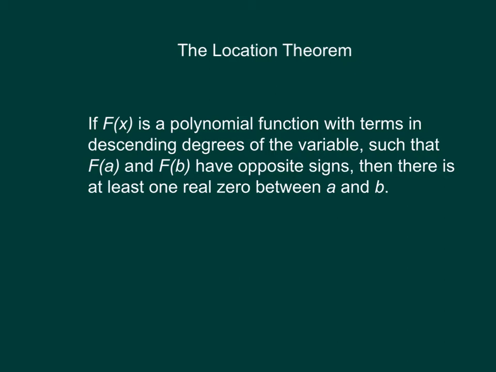So some things that you got to remember here is f of x or f of a or f of b are referring to the y value when you plug in an x. So a and b are just two random x values that you may want to plug into the polynomial function.